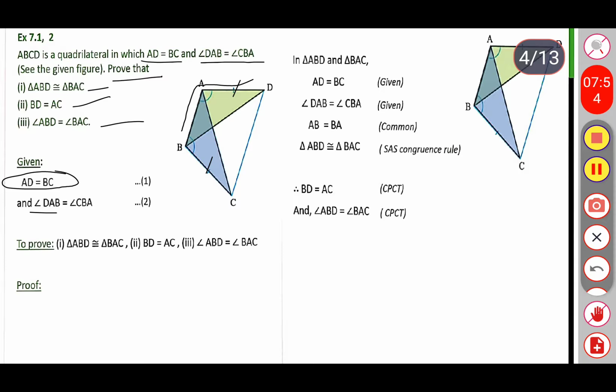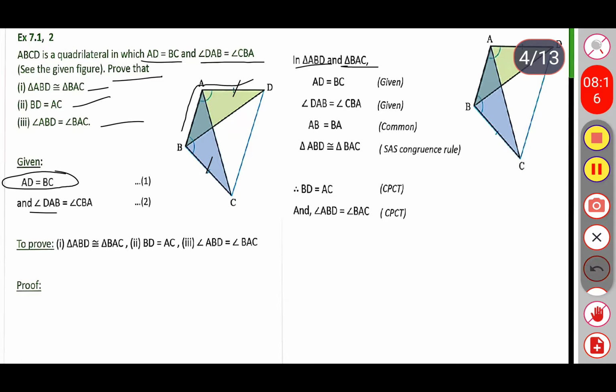First one, consider directly the two given triangles. What are the two triangles here? First one, triangle ABD, and second triangle is BAC. First triangle is ABD, this triangle, and second triangle is BAC. So this is the second triangle, right?